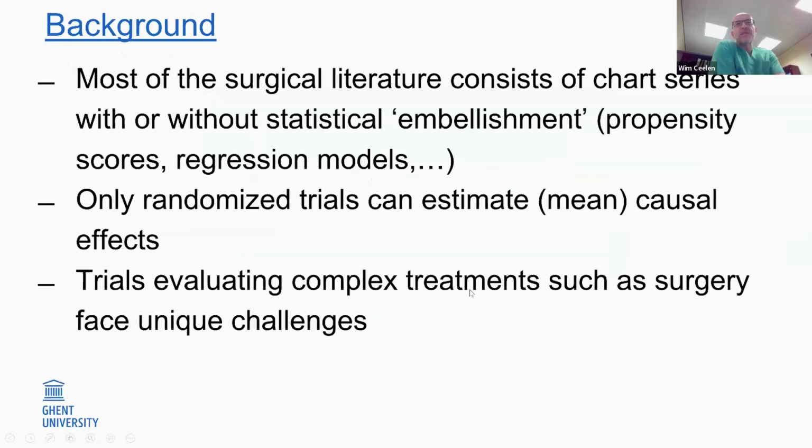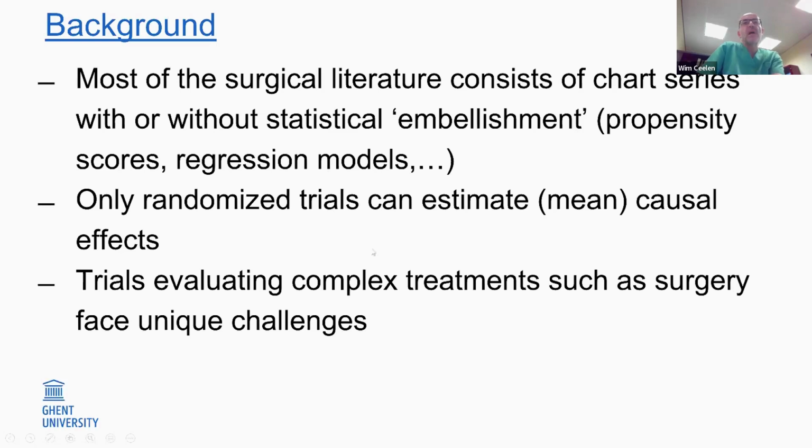So as you know, most of the surgical literature consists of so-called cohort series, but usually in the form of chart series or retrospective studies, and then authors try to correct for potential confounders using propensity scores and regression models. But in fact, it has been very well shown during the COVID period that even if you have thousands of patients, it's really impossible to accurately measure causal effects of treatments using non-randomized trials.